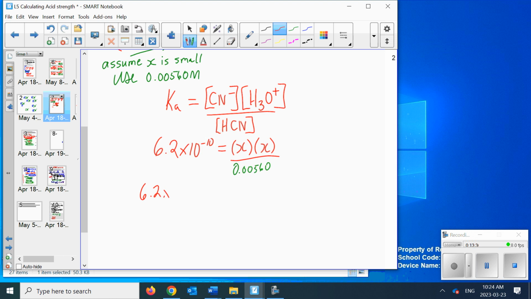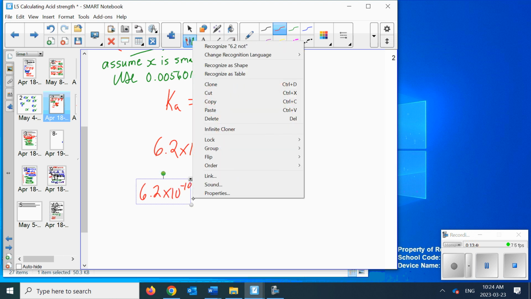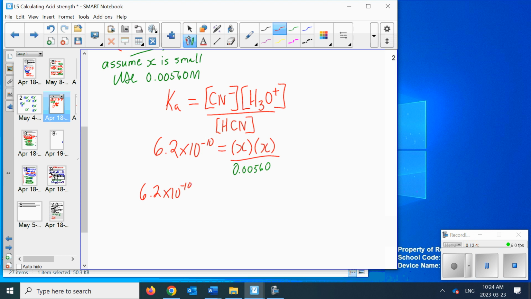6.2 times 10 to the minus 10 times 0.0056 equals x squared. How do we undo an x squared? Square root. You can multiply those two numbers first and then hit square root.